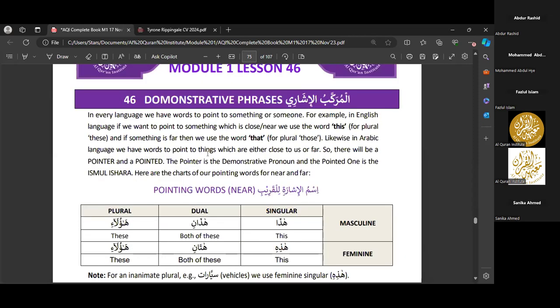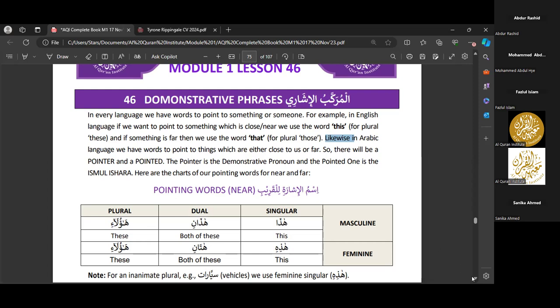So back to this. Likewise, in Arabic, we have words to point to things as well, and we have different ones for close or far, and singular and plural. There will be a pointer and a pointed. هذه, هاتان, هؤلاء.